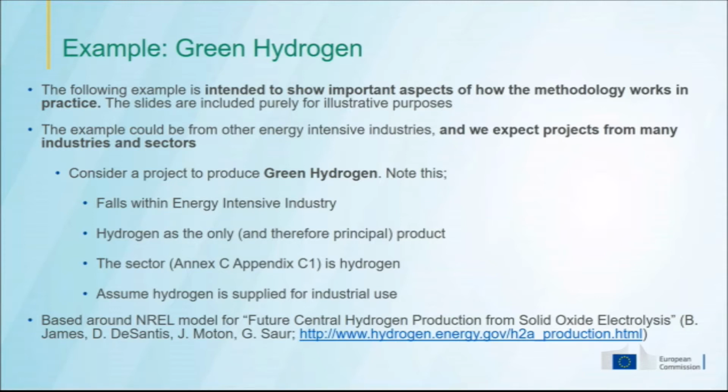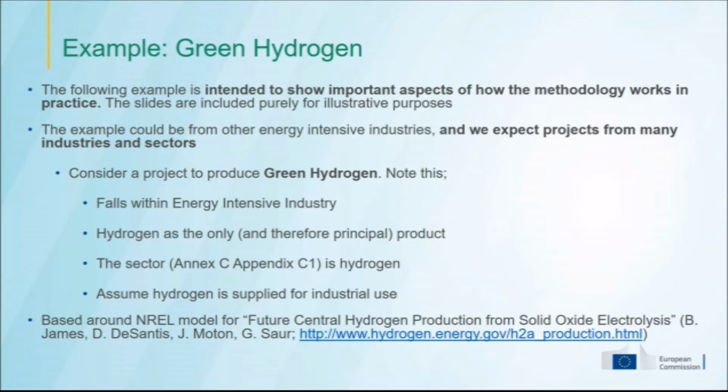This is intended to show the important aspects of how the methodology works in practice, and it's really for illustrative purposes. We are expecting projects from many industries and sectors, but for the purposes of the example, this is a relatively simple starting point, and it's important that we start from there rather than starting from something more complex.